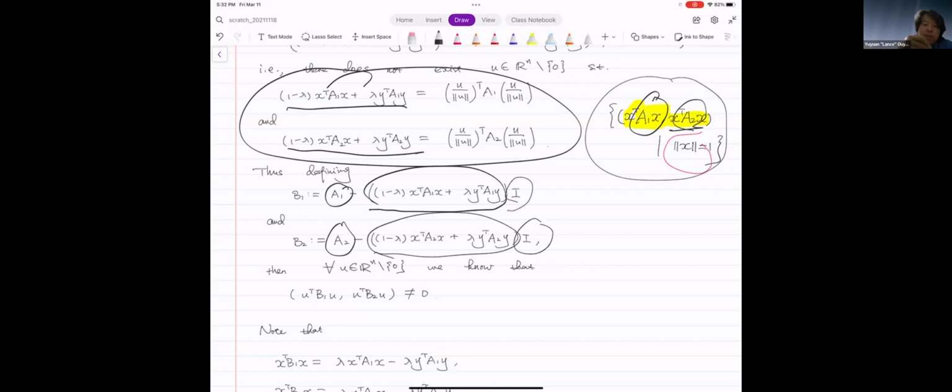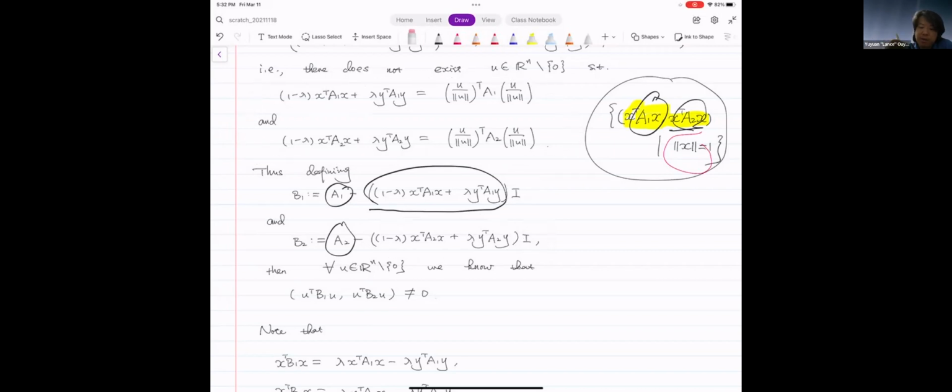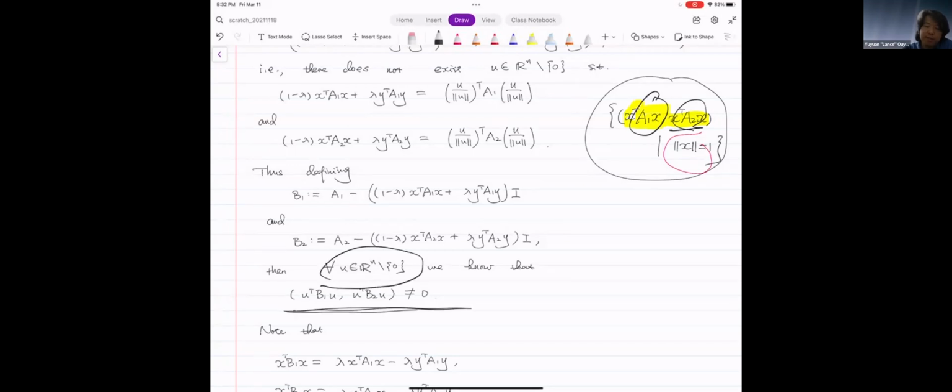Okay, so what does this statement mean? This statement is saying that there exists a counterexample. So what's going to be the fact of this counterexample? The fact is basically the following. For any non-zero u, this cannot be zero. The reason is that if I compute u transpose B1 u, it is going to be equal to u transpose A1 u minus this constant over here times the magnitude of u squared.